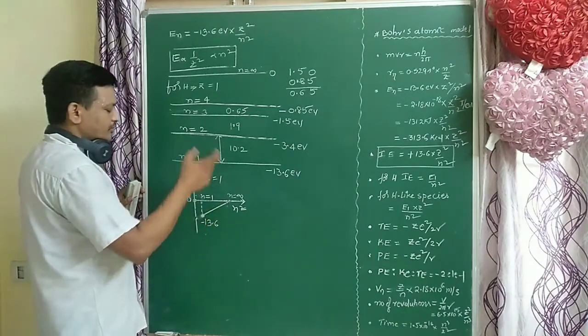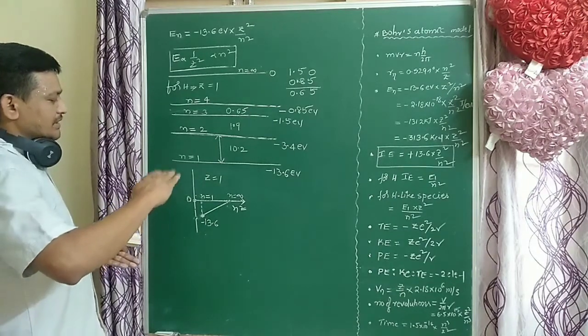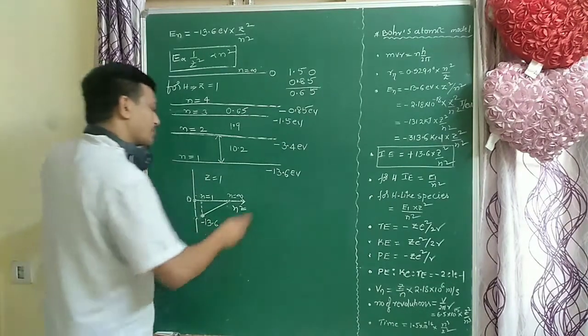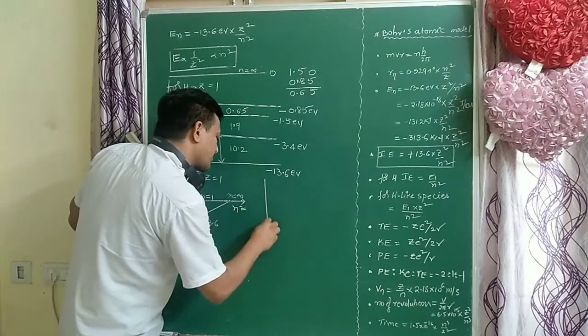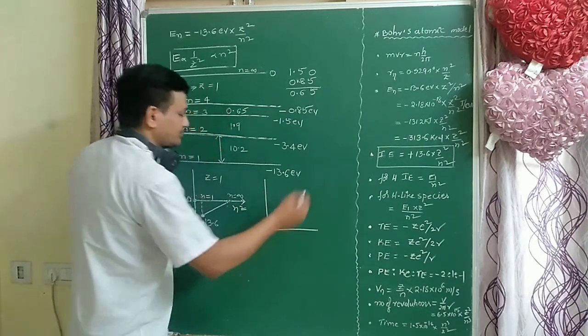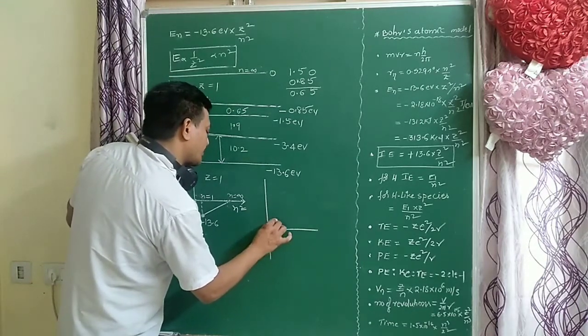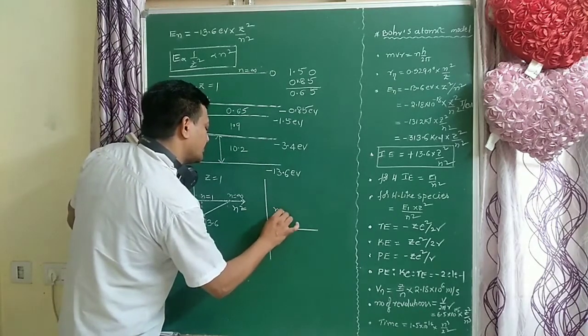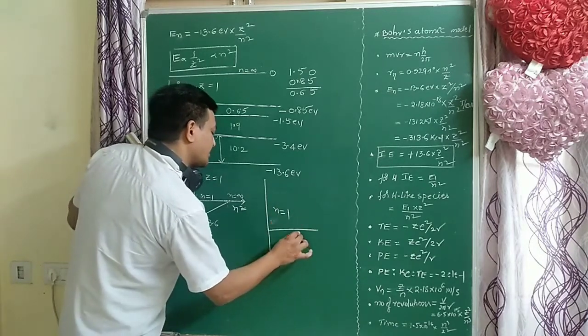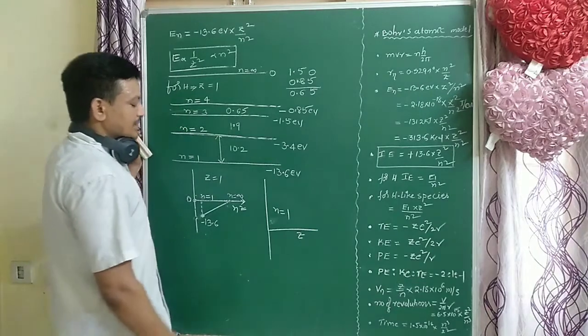This is very important. As the n value increases, energy also increases. Next, for the first orbit, n equal to 1, for different atoms the Z value increases.